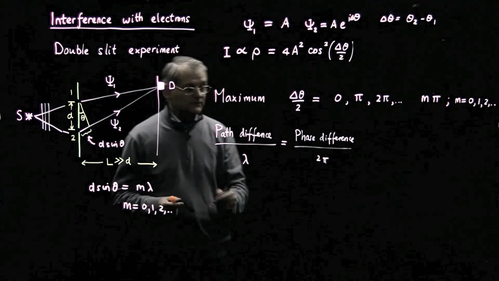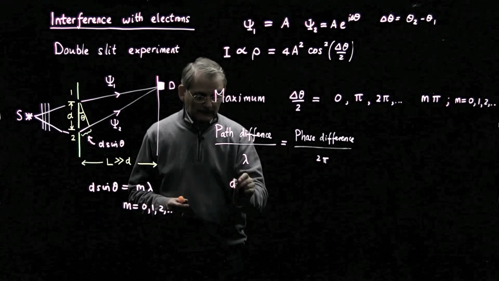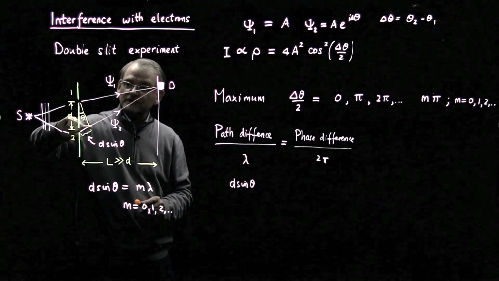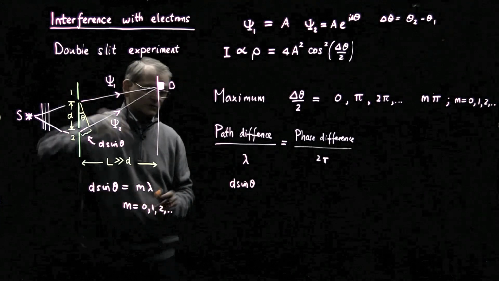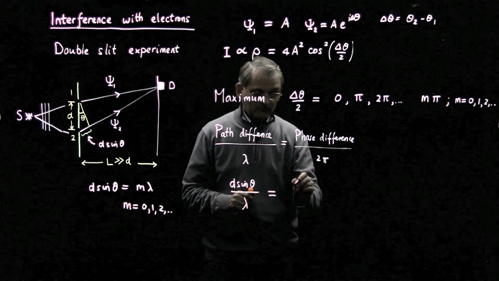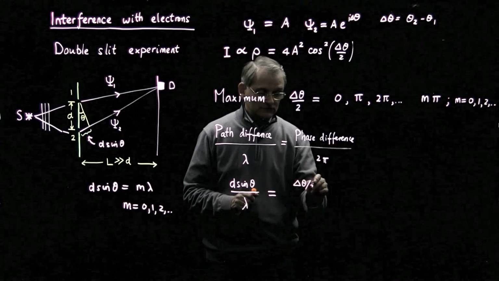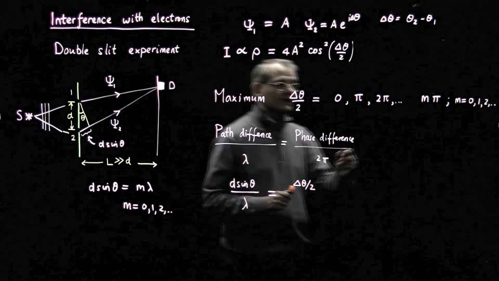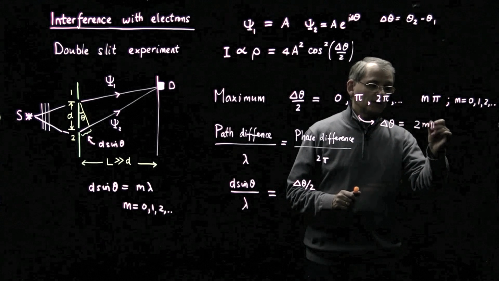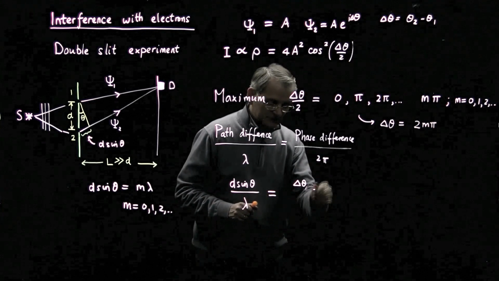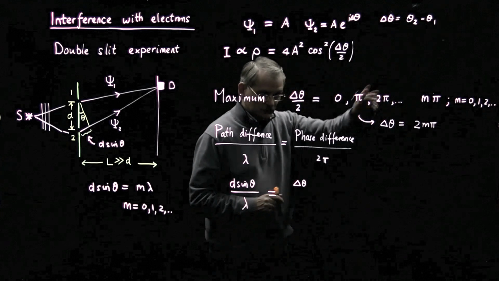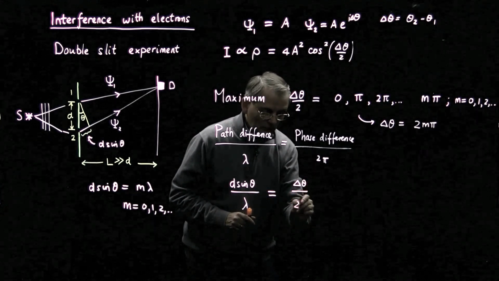So we now know that the path difference, d sine theta, because there's the path difference here, of wave 2 with respect to wave 1, divided by the wavelength must be equal to the phase difference divided by 2 pi. Well, the phase difference is what I'm interested in, delta theta between wave functions 2 and 1.